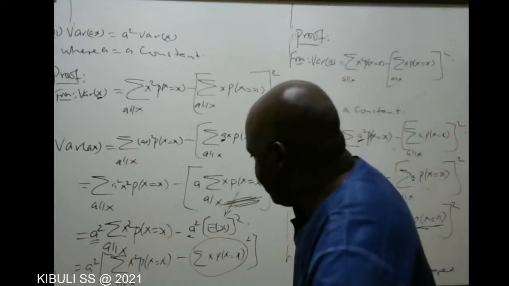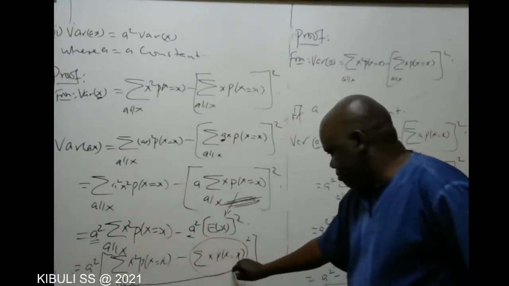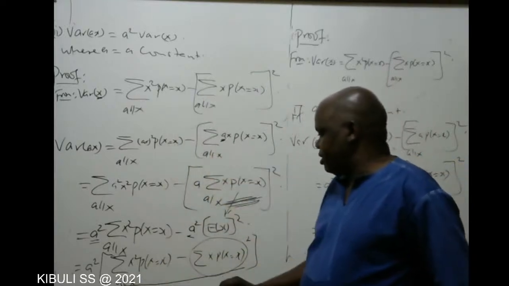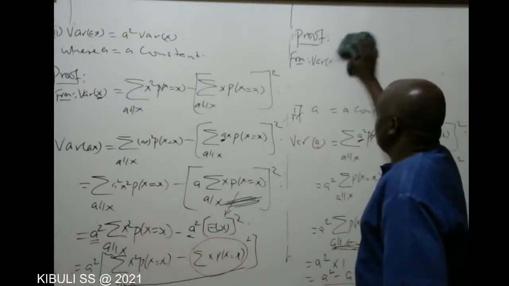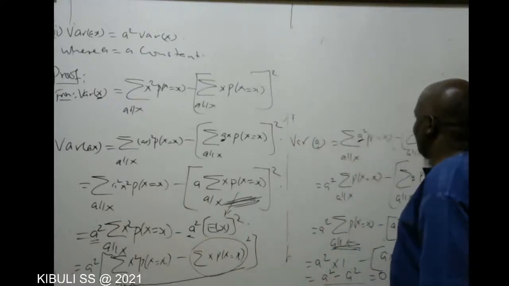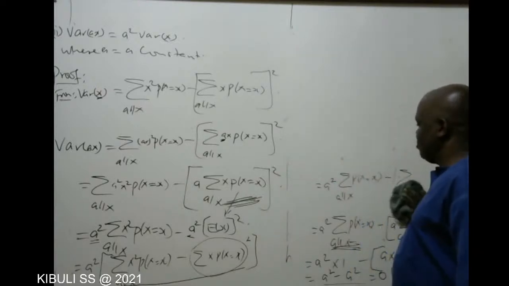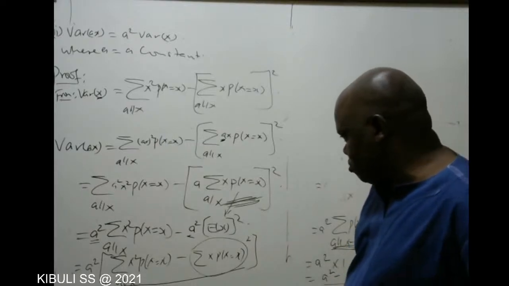So because of that, when you observe this carefully, this one is the variance. You see from there, this one is the variance. Therefore, you can conclude just by using your good eyes, by observation, as I keep on telling you. Some of these, you just look at them by observation and you're able to make conclusions.